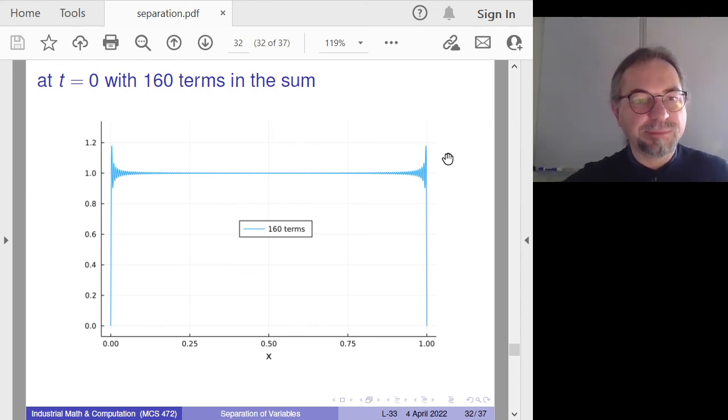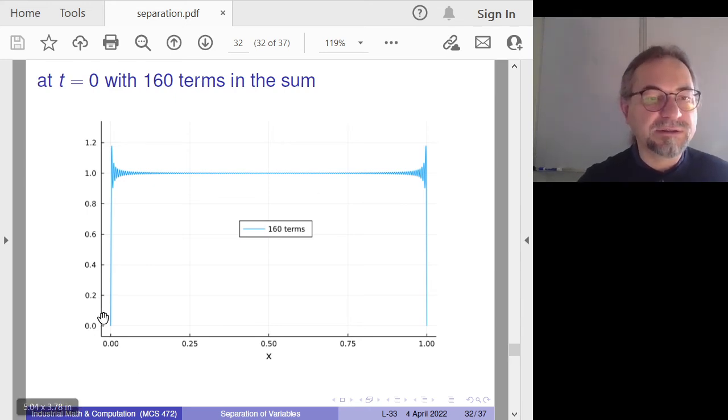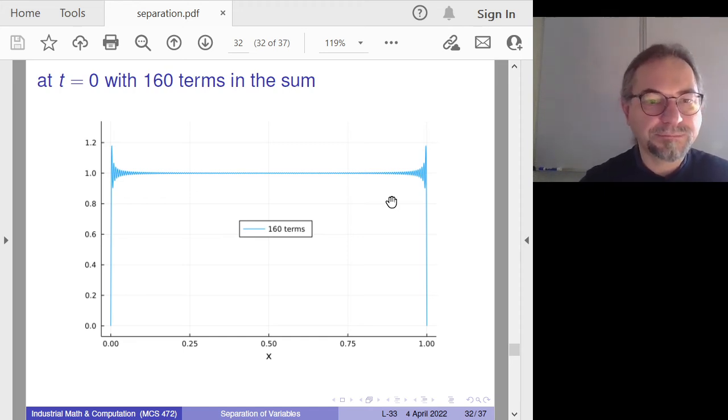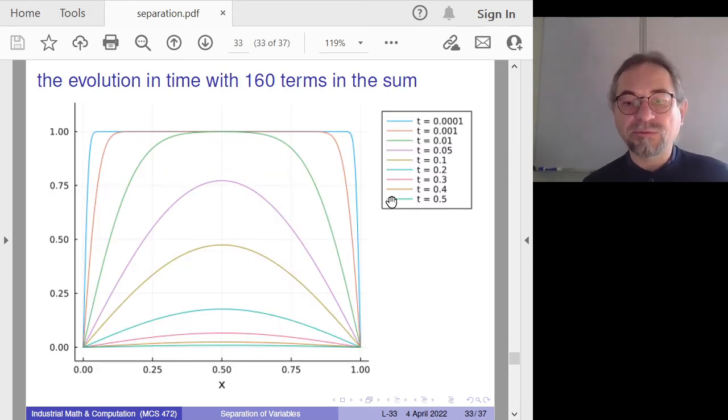Because at these endpoints, the temperatures will quickly reduce. So it turns out that the Fourier series are actually very good for a constant approximation, except at the endpoints. All right, so that was the first question.